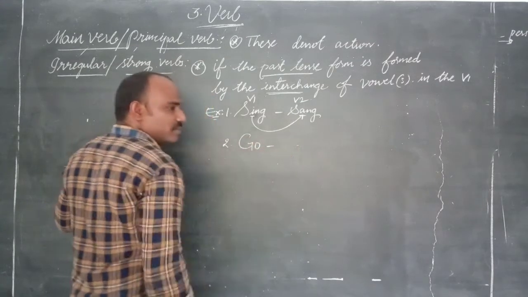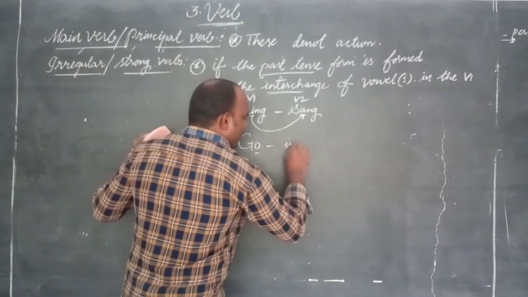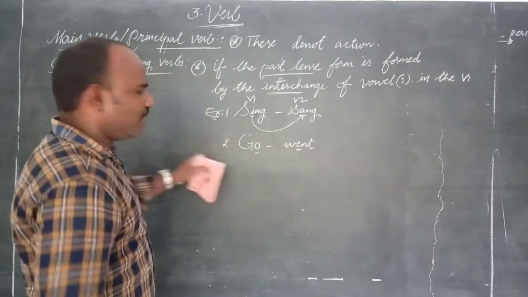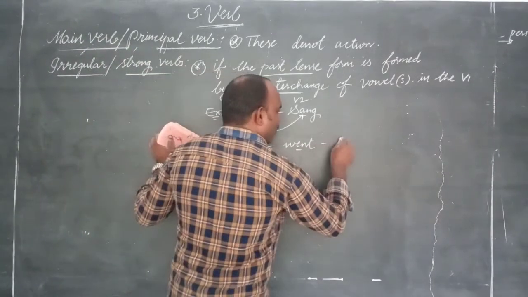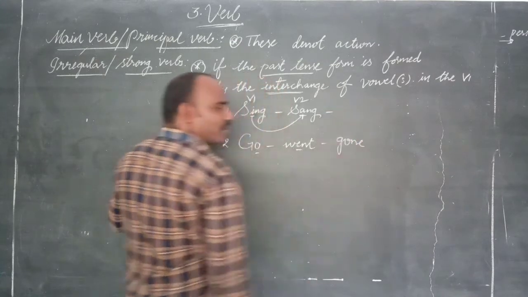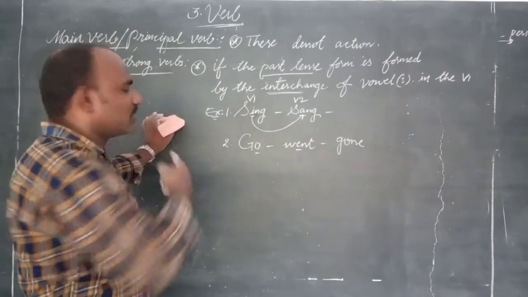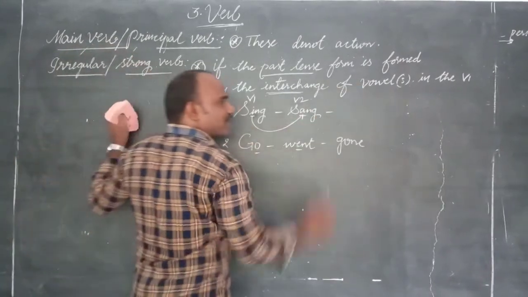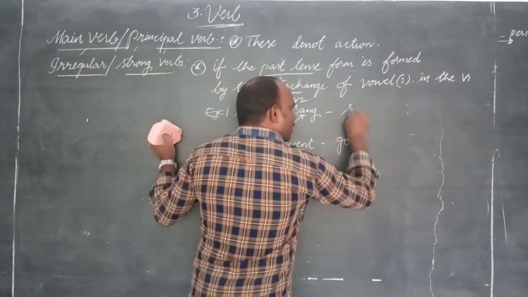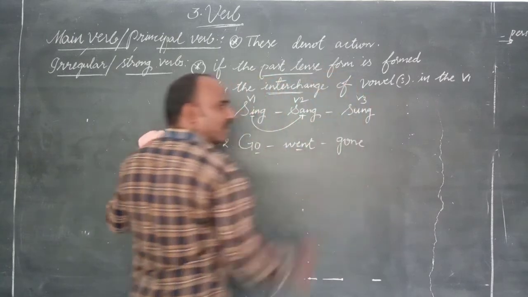One more example: go, went. These three forms are almost all different. One more clue to identify these irregular and strong verbs: the three forms are entirely different. Sing, V2 sang, and V3 sung.